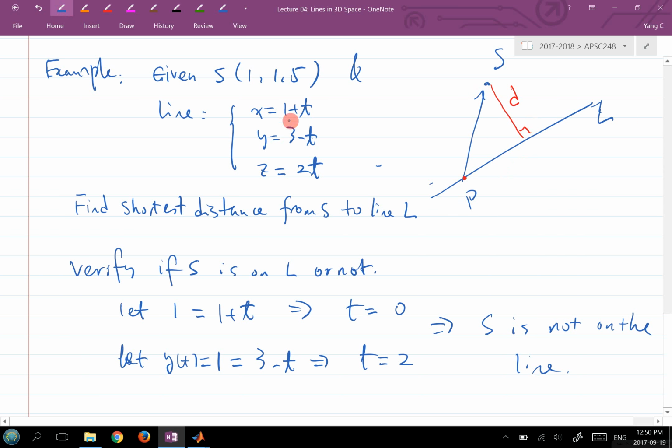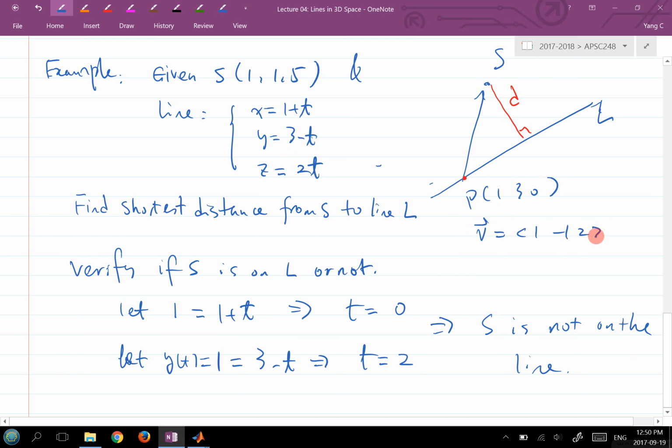Well, that's good, right? (1, 3, 0) is a point on the line. Let's call this P here. That's actually the first step. I mentioned that you probably want to write it down right away. So that's a point on the line, and the parallel vector is (1, -1, 2).